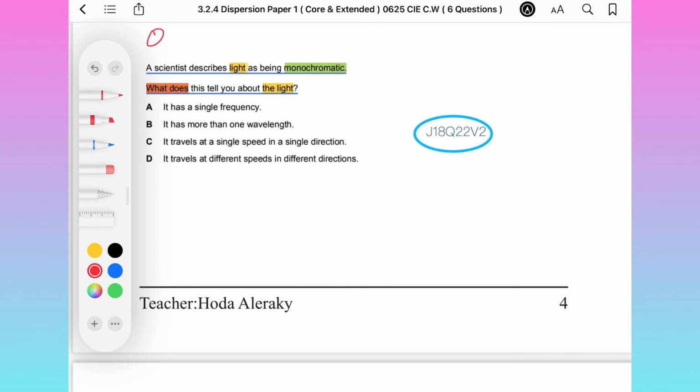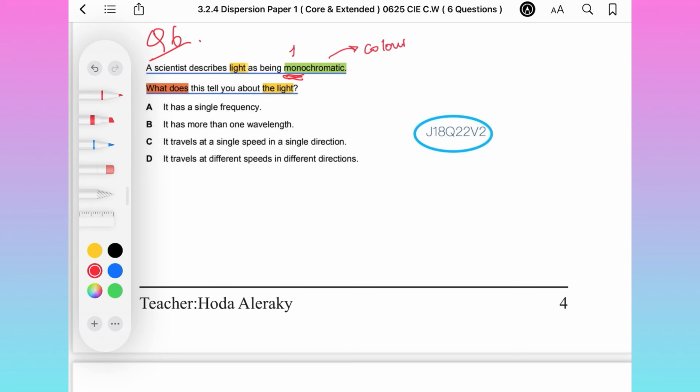The last question, question 6. We are discussing monochromatic light. Monochromatic is not for core, but since this classwork is for core and extended, for you guys it will be general knowledge. Mono means one or single, and chromatic means color.